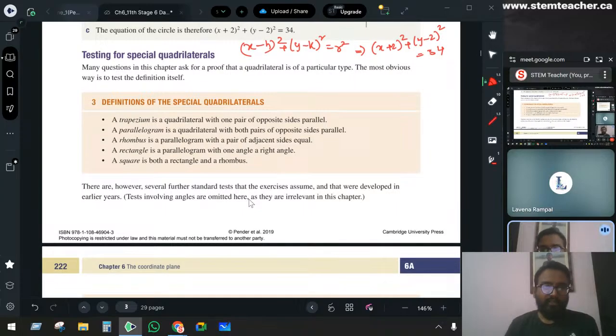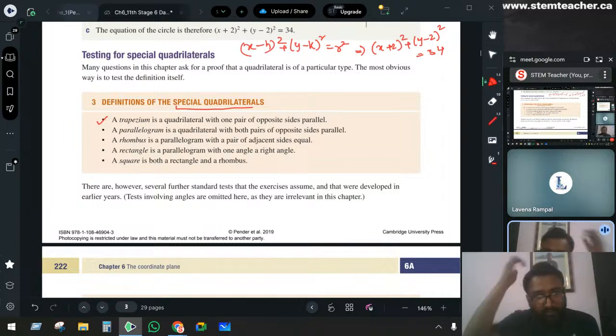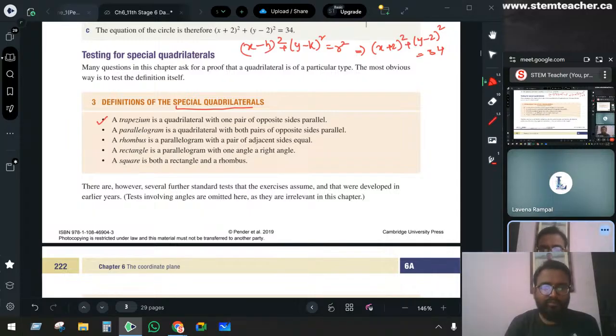Some special quadrilaterals are there. What is the first one? A trapezium is a quadrilateral with one pair of opposite sides parallel. Only two sides which are opposite to each other are parallel.